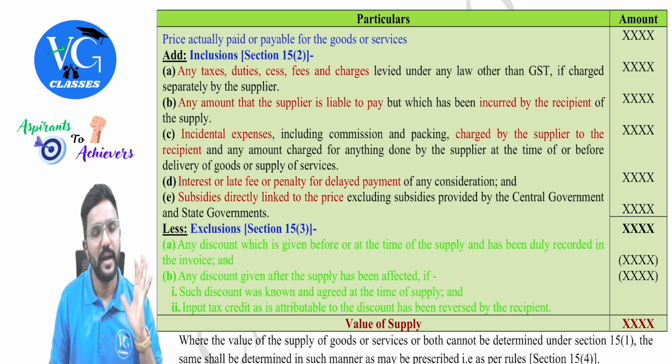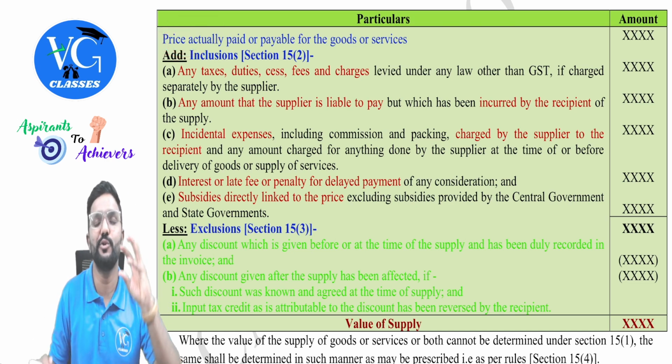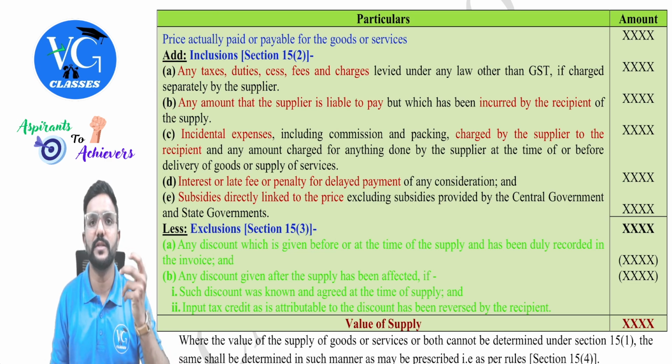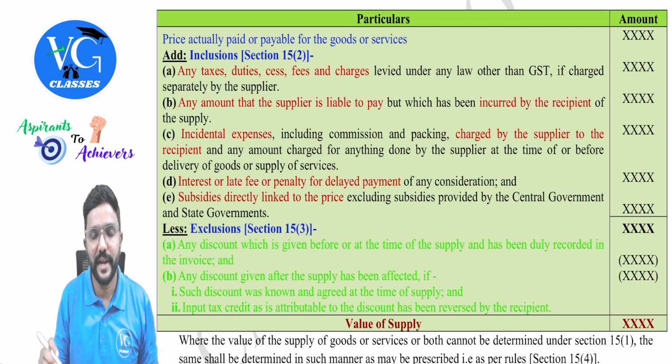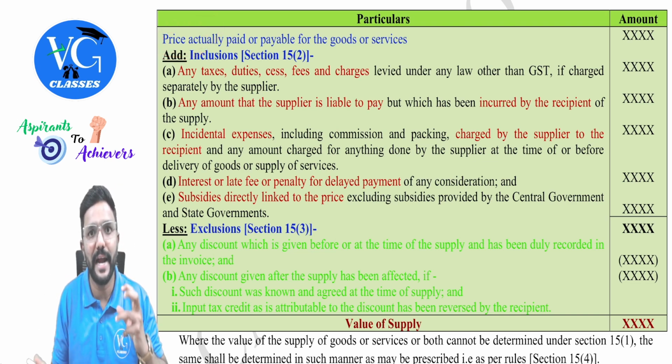And if the question is silent, you assume that whatever price is given in the question, which you will take as the starting point, will not include any of these items. Because if it already includes them, then you need not add them. For example, assume packing charges are already included in the price. In that case, should we add packing charges?